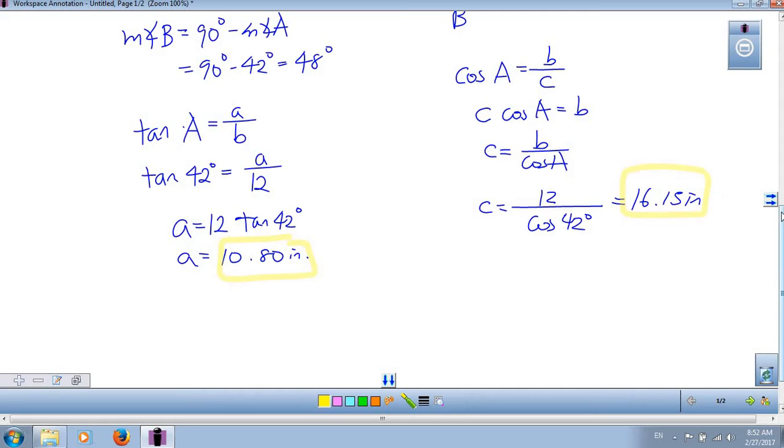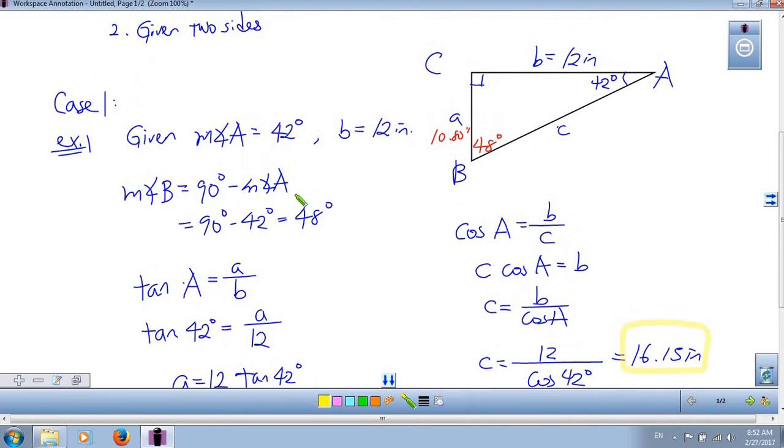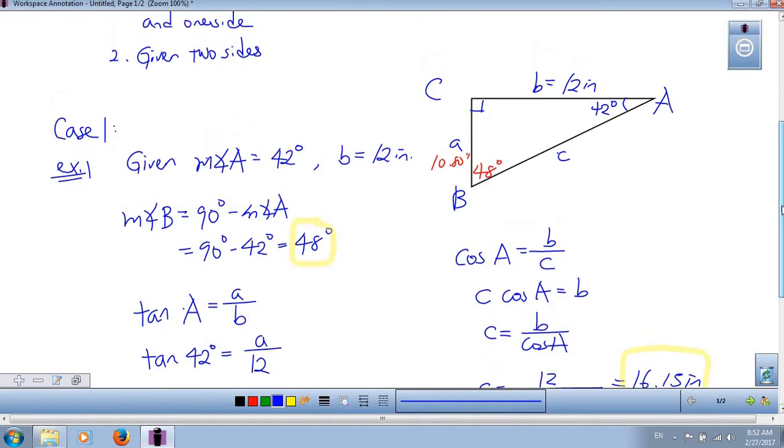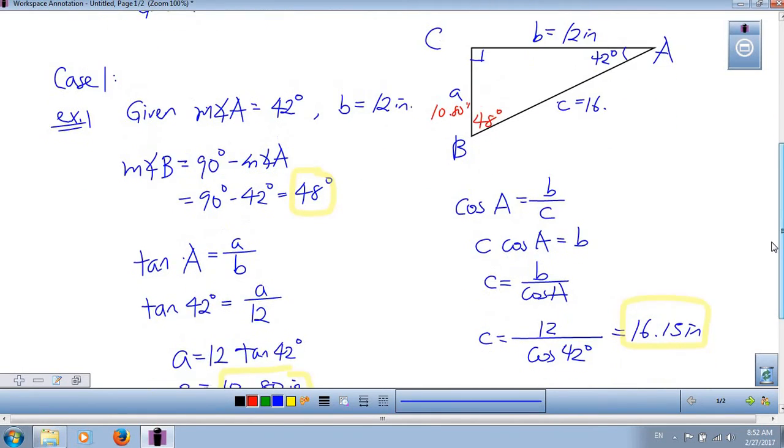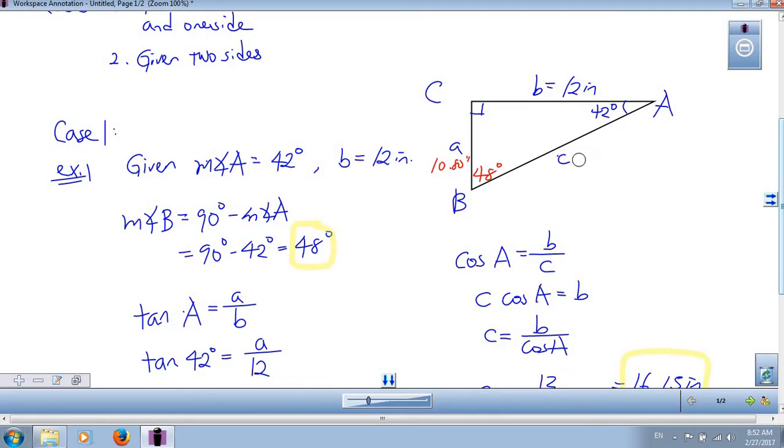We got all three sides and all three angles. This is called case 1 because we're given an acute angle and one of the sides. Okay, hold on, the color is not right. It should be 16.15 inches. So that's called solving a right triangle.